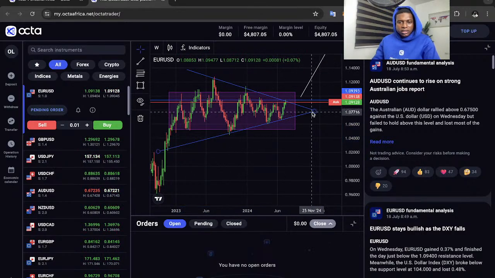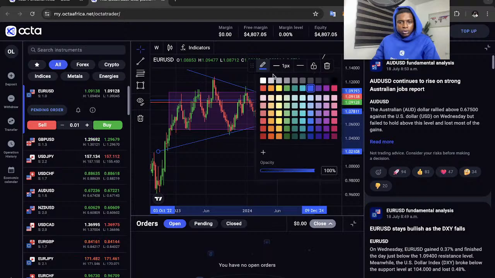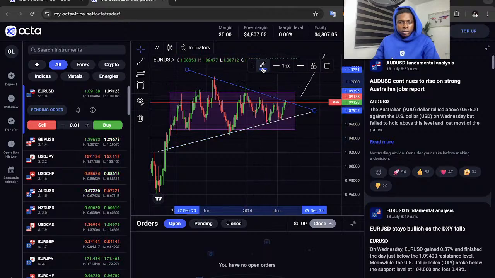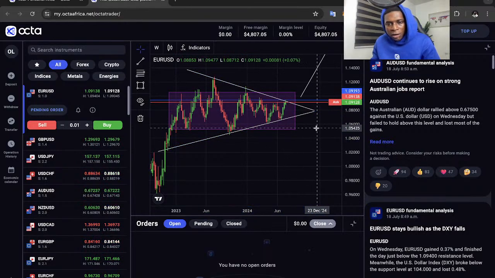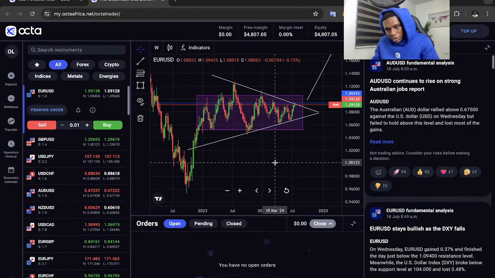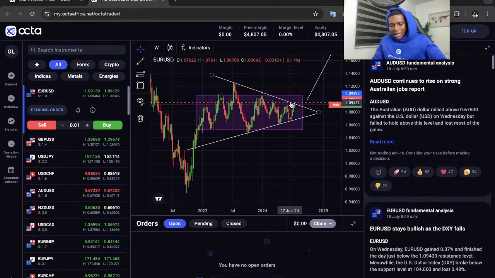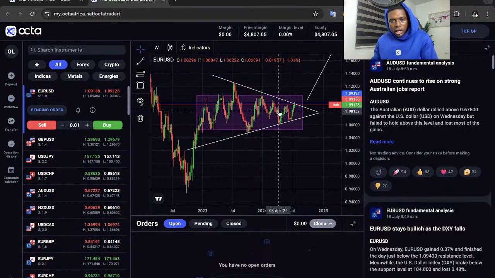So from what we can see here, let me make this blue so that it becomes more bold. Now we can see that price is creating a symmetric triangle. It is neither an ascending triangle nor a descending triangle. So it's just symmetric.